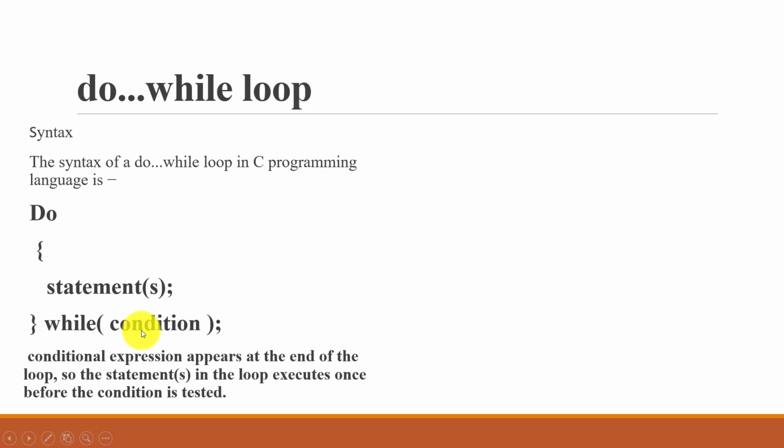In the previous video we checked the while condition at the top, but here we check the condition at the end of the loop. So the statements in the loop execute once before the condition is tested, because here we test the condition at the end, at the bottom.